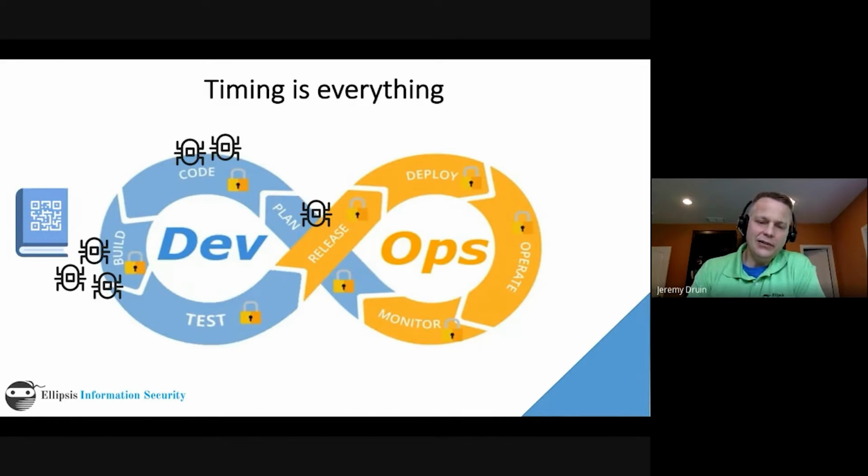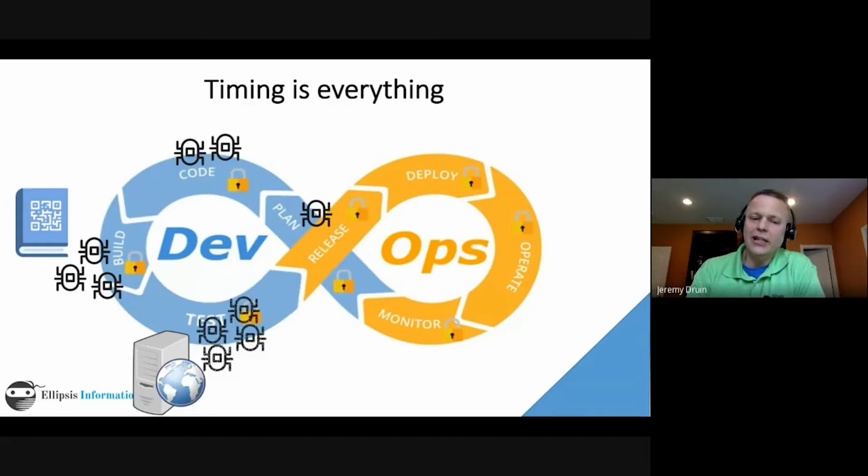Once we get down into the test phase, we're going to be deploying our application onto servers so that we can run the app. Well, those servers are going to have issues. So now we have the bugs from our software and their software, plus the bugs that are already inherent in the server software. And you can see how, through really no fault of our developers, we're still accumulating security issues if we don't deal with them as early as possible.